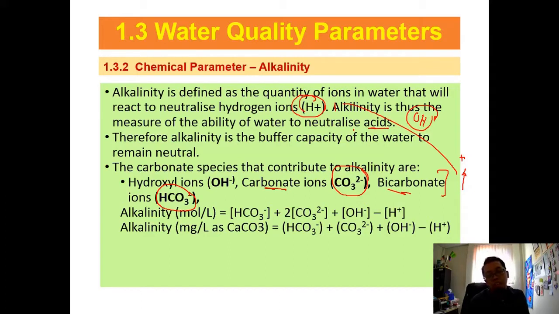They can neutralize, and if the moles of these ions are higher than H plus, the water can become more basic. So this is the basic formula, the equation that you can use to measure alkalinity in moles per liter or milligrams per liter as calcium carbonate.